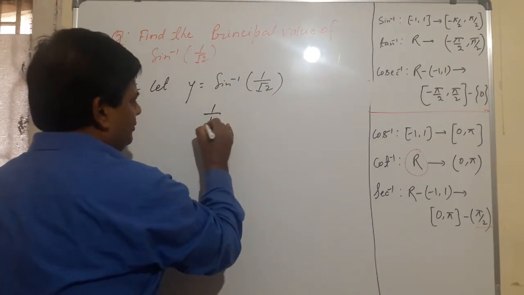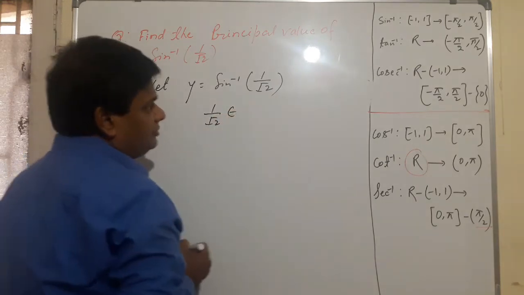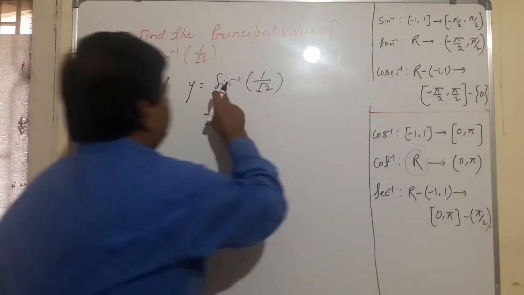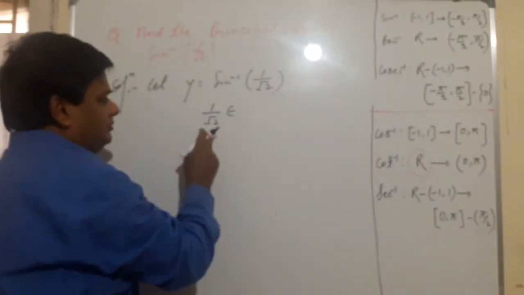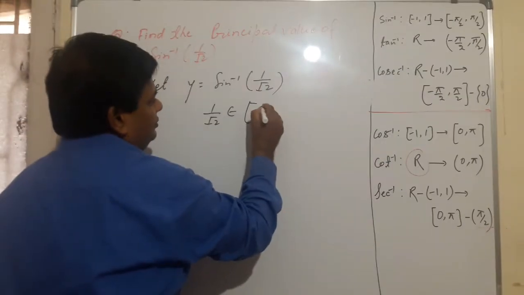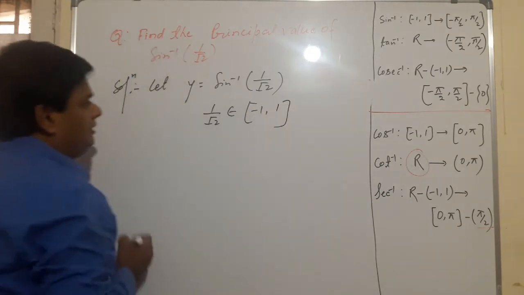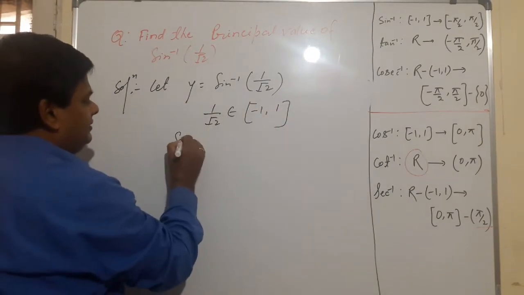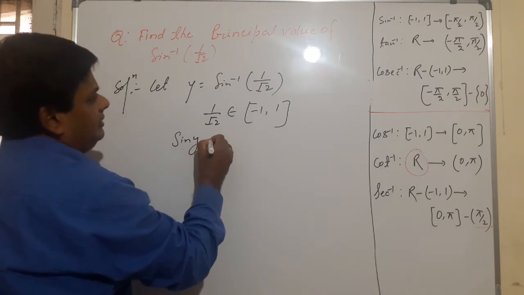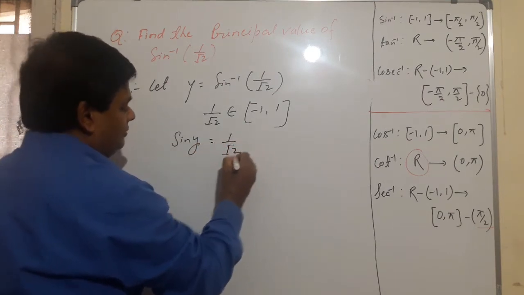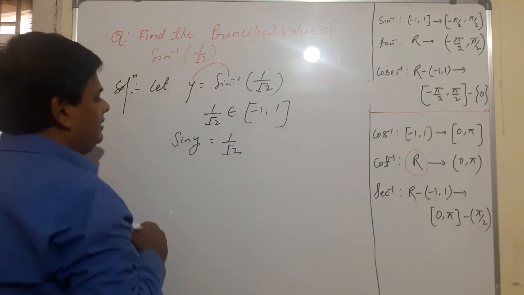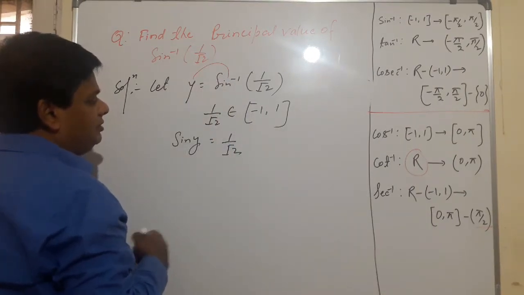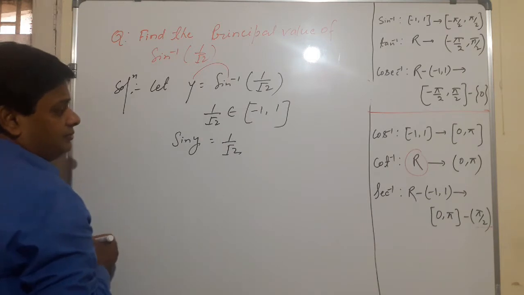See here, 1 by root 2 belongs to the domain of sin inverse, which is minus 1 to 1. So we can write sin y is equal to 1 by root 2.